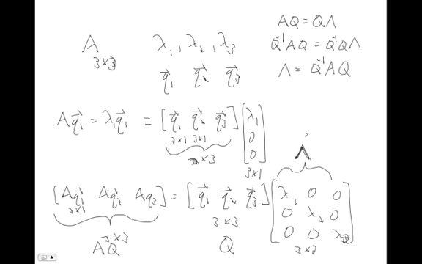So when we boil this down, if I take a matrix A that has eigenvalues with multiplicity 1, we say that matrix is diagonalizable. And what diagonalizable means is it's similar to a diagonal matrix. So this equation proves that A is similar to a diagonal matrix, and another way of saying that is that it's diagonalizable.